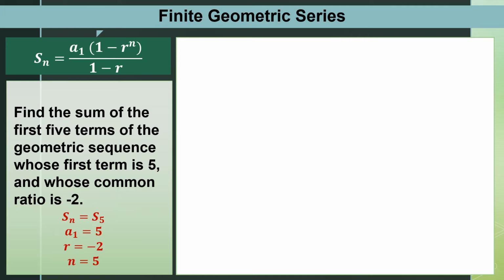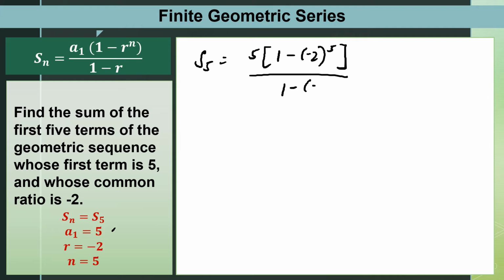Ngayon, simulan na natin ang pag-compute ng ating S sub n. So, ang S sub 5 natin ay equal sa ang first term natin na 5 times 1 minus ang r natin na -2 raised to n which is 5 all over 1 minus ang r natin na -2. Ngayon, simulan ulit natin ang pag-compute sa pag-simplify ng exponent.